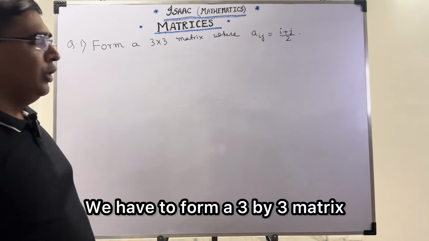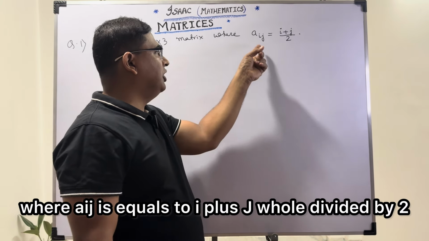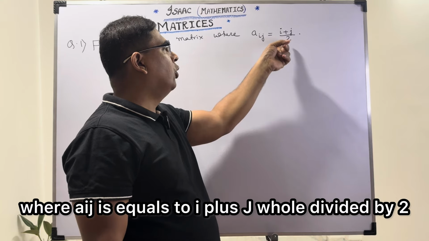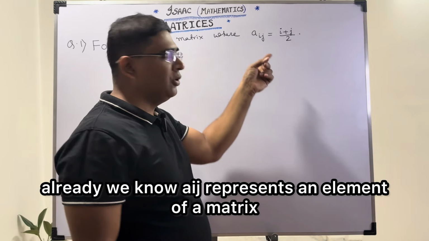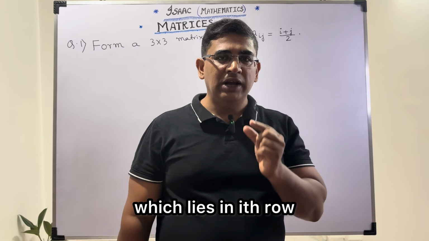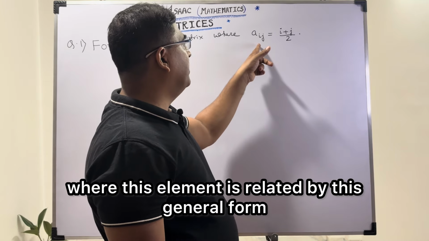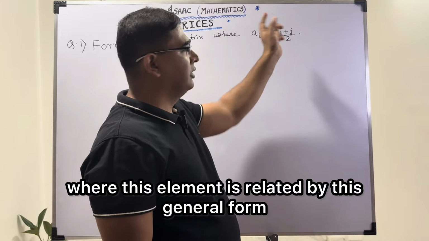We have to form a 3 by 3 matrix where Aij is equal to (i plus j) whole divided by 2. Already we know Aij represents an element of a matrix which lies in the ith row and jth column, where this element is related by this general form.